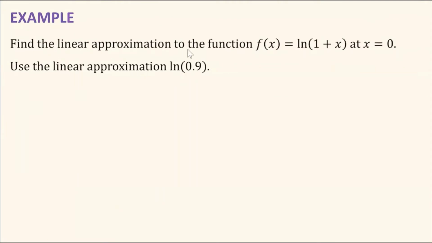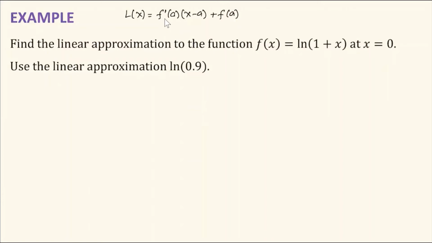Example, find the linear approximation to the function f of x equal to the natural log of 1 plus x at x equal to 0. Use the linear approximation to find the natural log of 0.9. So we know the linear function: L of x, the linear approximation, is equal to f prime a times x minus a plus f of a. In order to find the linear approximation, we need the value of the function at a and the derivative of the function at a.